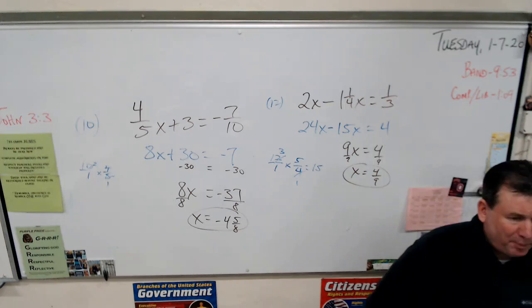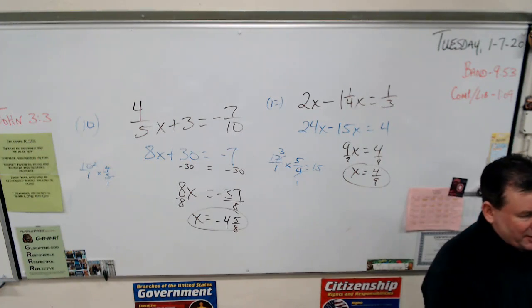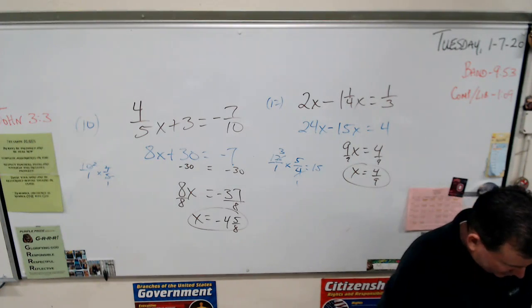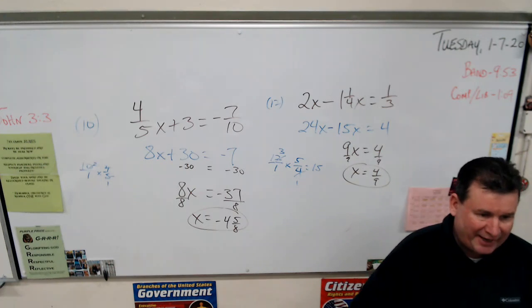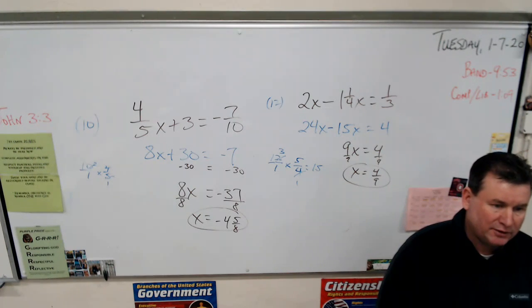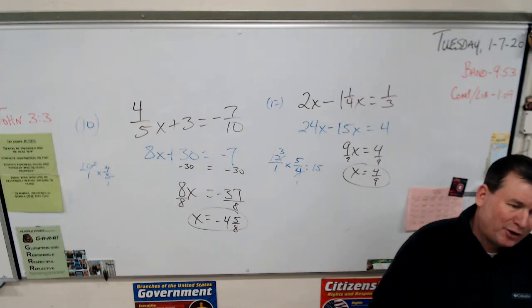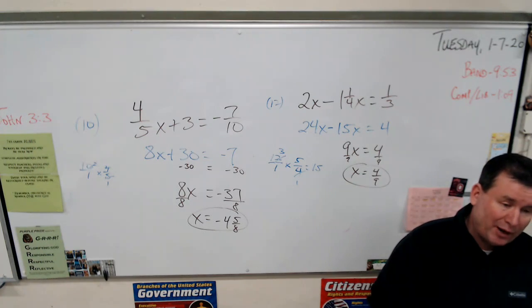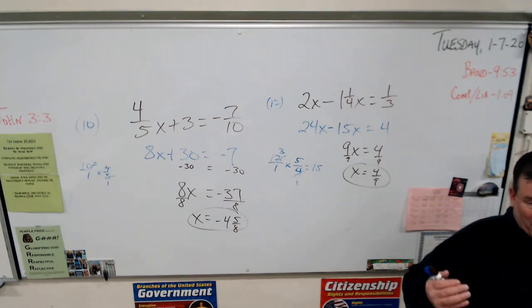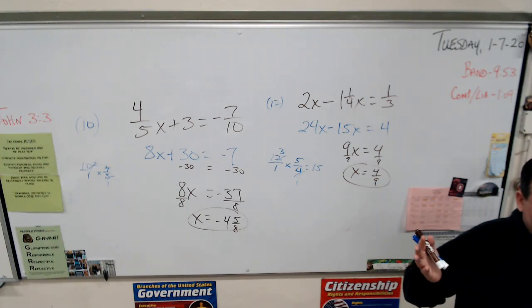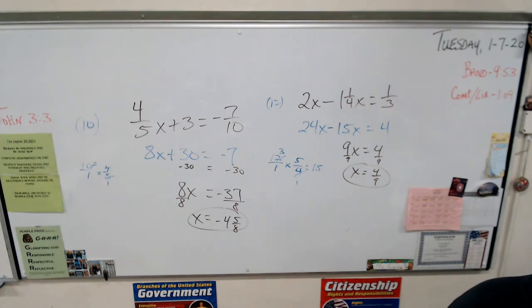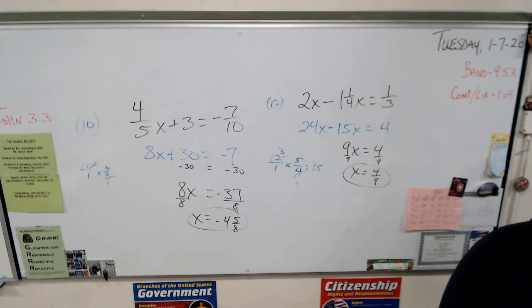All right, number 7. What are we going to multiply everything by in number 7, Casey? I've got denominators of 6 and 8. Well, I could multiply everything by 48, and that would be okay, except it would make everything bigger than it needs to be. I want to multiply by the least common multiple.